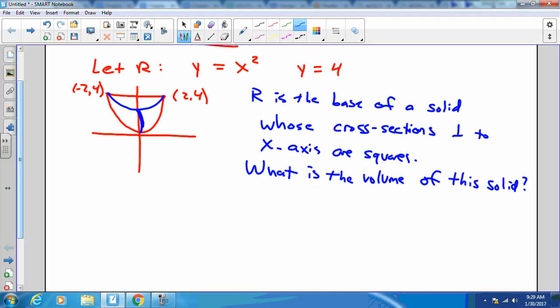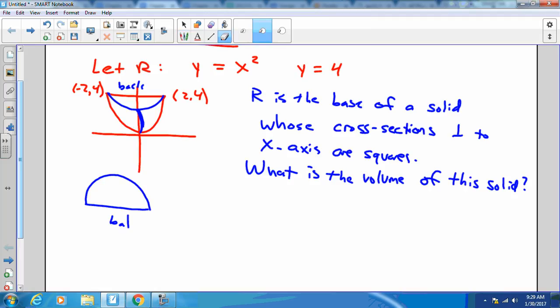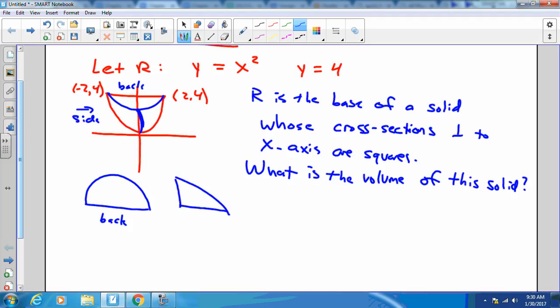Yes, it's like a diaper, yeah. If this is the back of my solid and I do a back view, my solid in back view is going to look something like this. And if I look at it from the side, then my solid is going to look something like this.